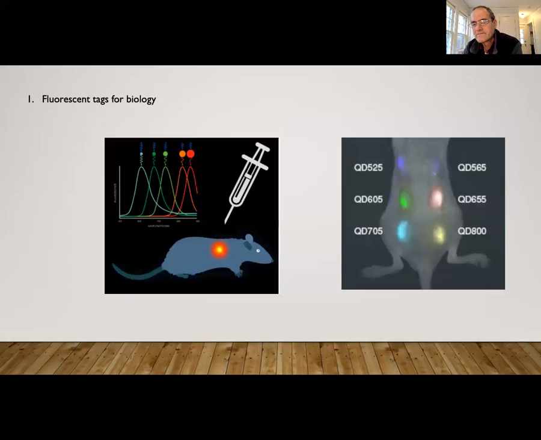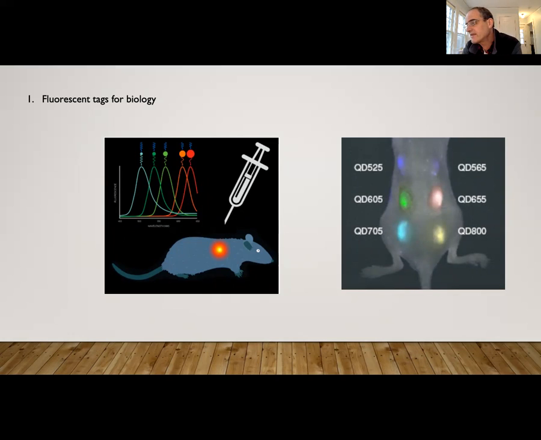Okay? So these are heavily used now in biology. And the reason is the following. Quantum dots, first of all, can be designed to emit at any wavelength one likes in the visible. And so I can have a set of quantum dots of different wavelengths that I can use for different purposes.